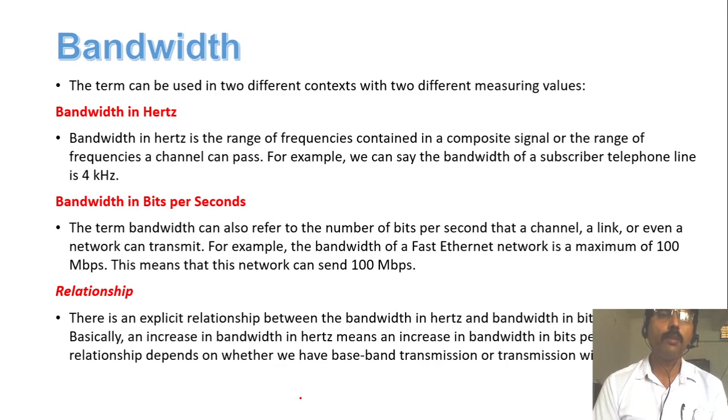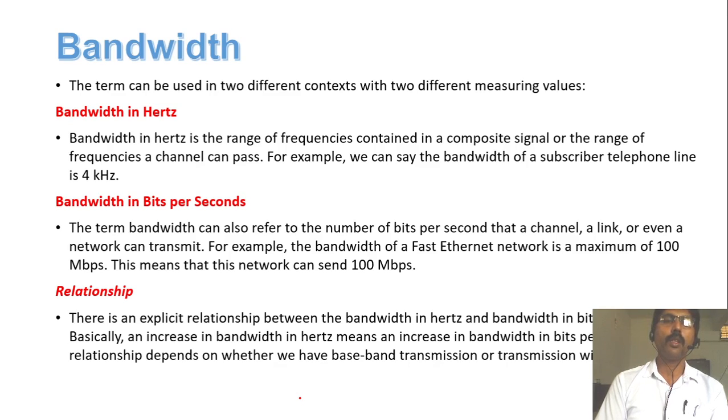The next one is called bandwidth in bits per second, which explains the number of bits we can transmit within a second. Through a medium, how many bits we can transmit in 1 second is called bandwidth in bits per second. For example, in Fast Ethernet, maximum we can transmit 100 megabits per second.